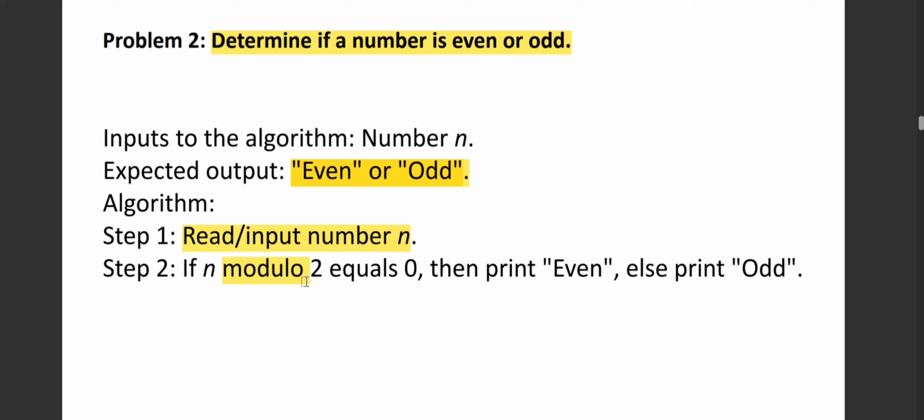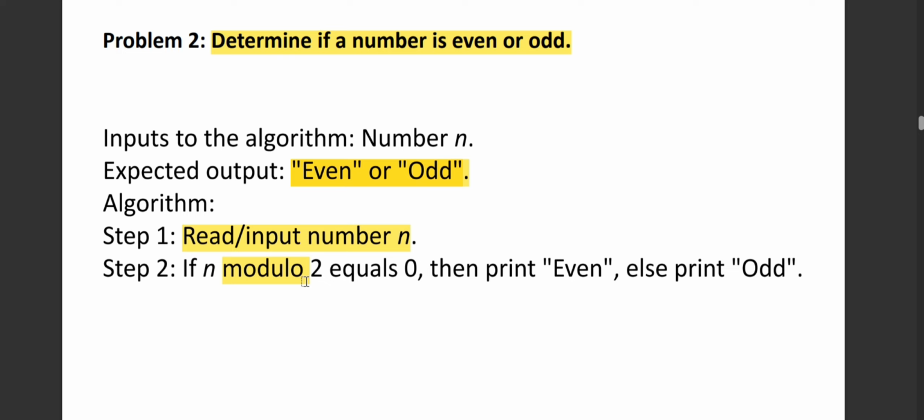If we do division, 4 divided by 2, what is the answer? The answer is 2. What is 2? 2 is the quotient. The answer we get when we divide 4 by 2 is the quotient. But if I do the operation 4 modulo 2, the answer will be 0, because modulo gives the remainder.